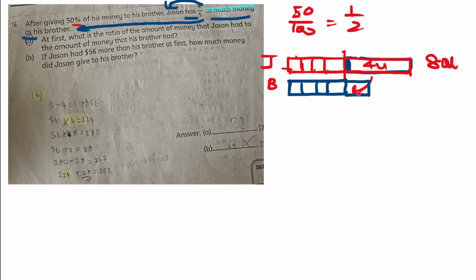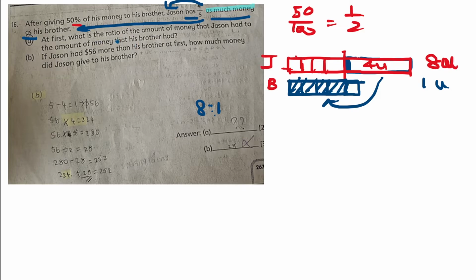You only have 1 unit here, because this 4 was actually given by the brother. So initially the brother doesn't have this at all. So the brother will only have 1 unit. So the ratio between Jason and the brother will be 8:1.